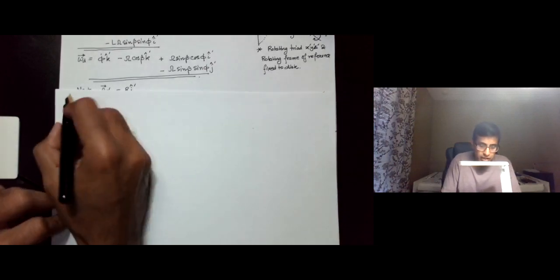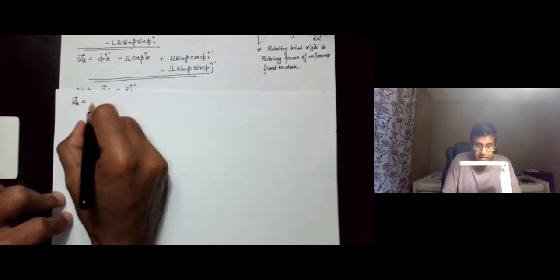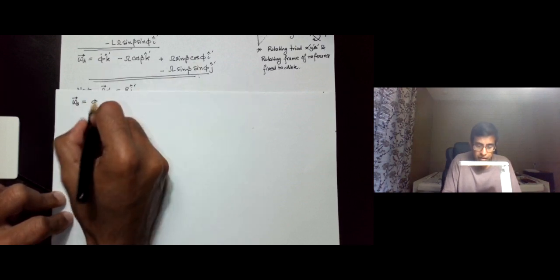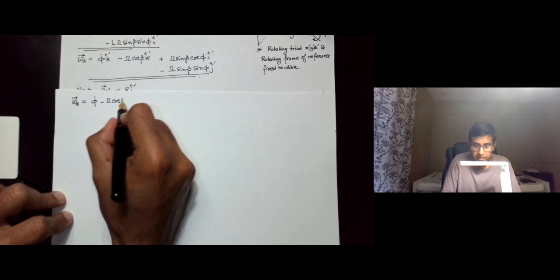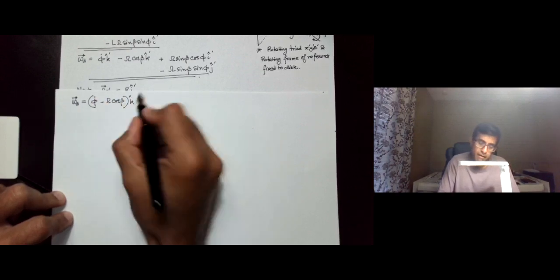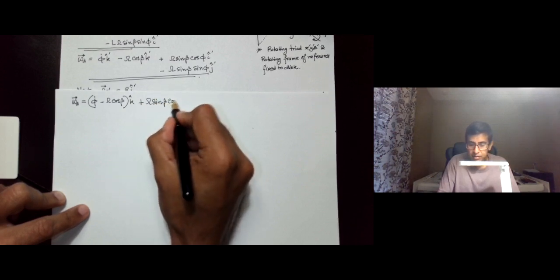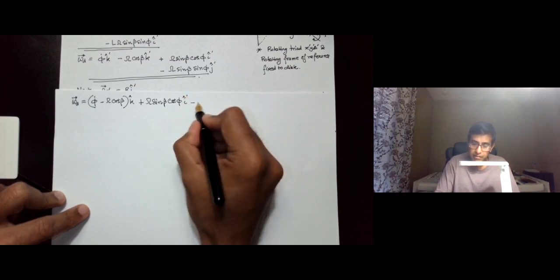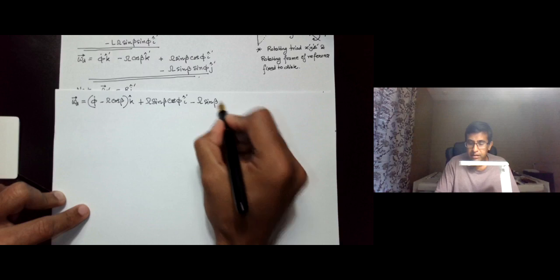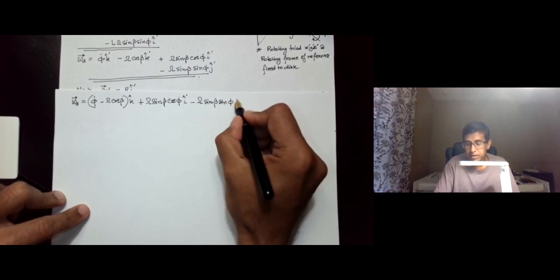So let me just keep this over here. So the angular velocity of the disk is, as you can see from here, phi dot minus capital omega cosine beta k prime plus capital omega sine beta cosine phi i prime minus capital omega sine beta sine phi j prime.